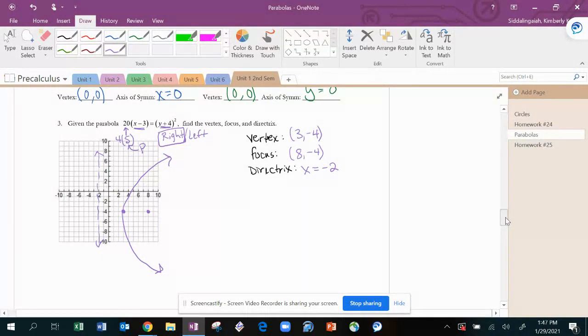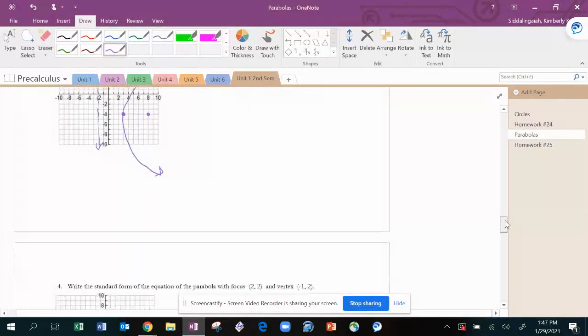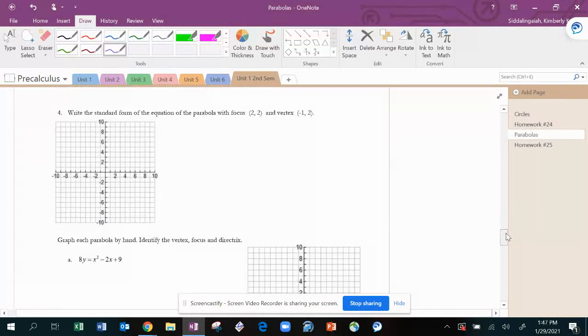So let's move on to one that's not in vertex form, because that's where your homework starts. Oh, right, in standard form. Your homework is stuff like down here in part A. Let's take a look at this. This is interesting. It gives us the focus and the vertex, and we're going to come up with that standard form or vertex form.